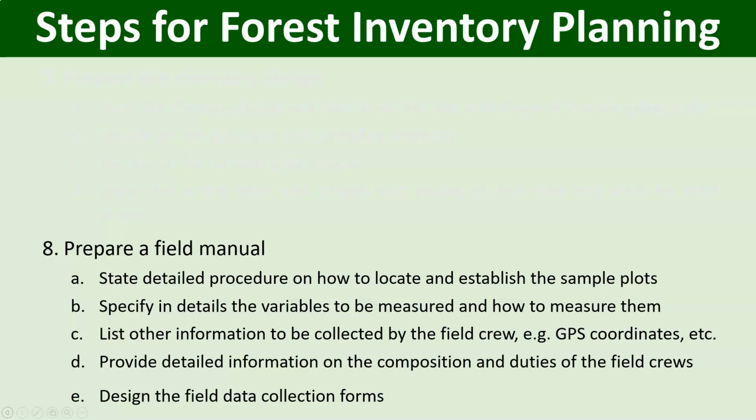Because when you say stump diameter, it may mean different things to different people in terms of the position. Somebody may measure stump diameter right on the ground. Another person may measure it just at 30 cm of the tree. Another person may measure it at 45 cm. Another person may measure it above the buttress. So you need to specify exactly what should be done.